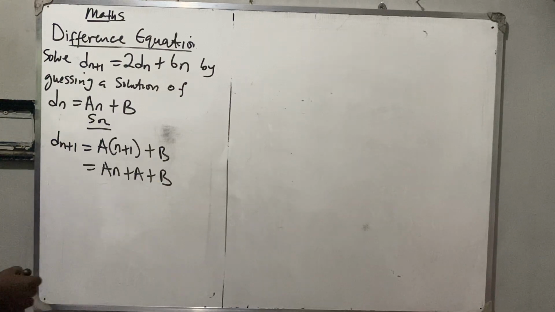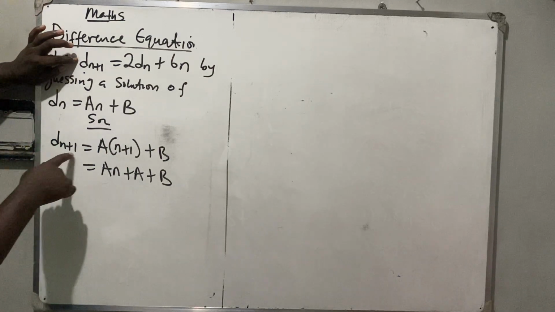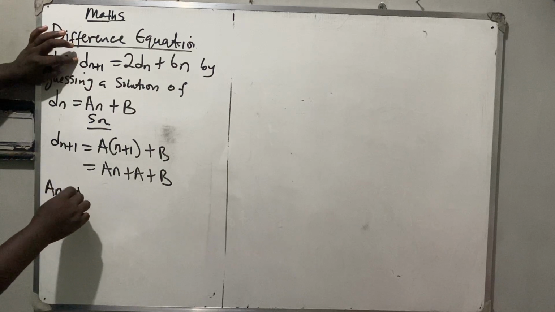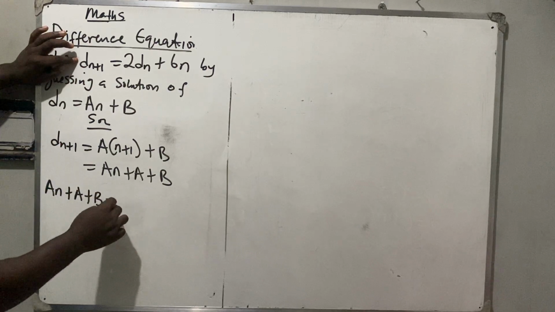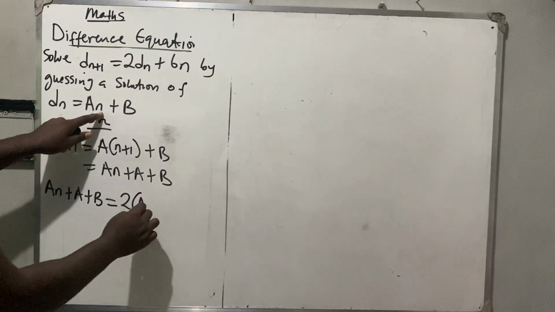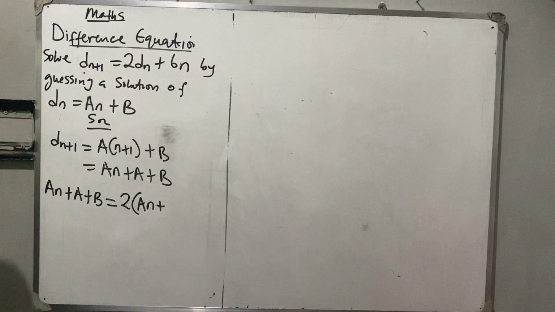So now let us substitute the left hand side, substitute the right hand side. Substituting the left hand side, I have that the left hand side gave me an plus a plus b is equal to the right hand side, which is 2 into an plus b, then plus 6n. The n here is not a subscript.